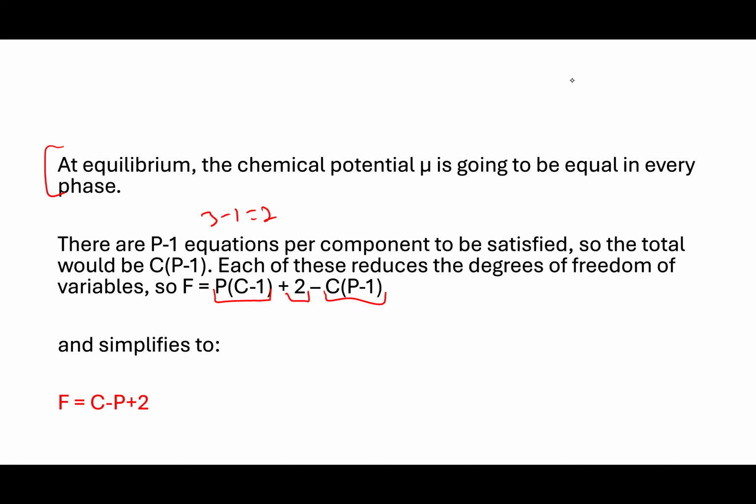But if we simplify all of that, it comes out much simpler and nicer: F, the degrees of freedom, equals C minus P plus 2.